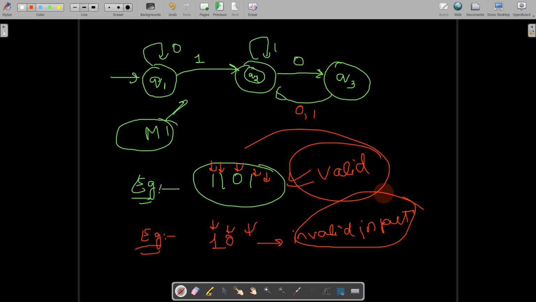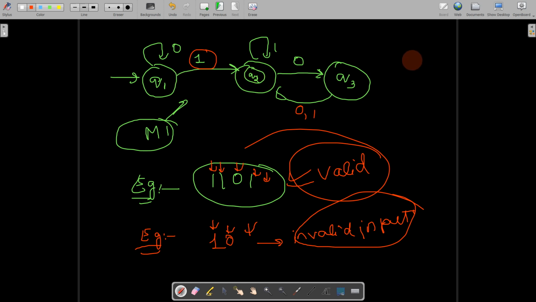Now, if we keep on checking a number of strings and see whether they are accepted or rejected by this machine M1, we will find out that what this machine accepts is any string that ends with a 1, because at input 0, any number of zeros we stay at Q1, and whenever we see a 1, we end up at Q2.